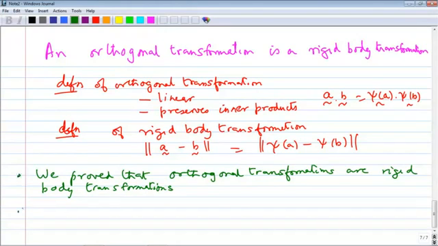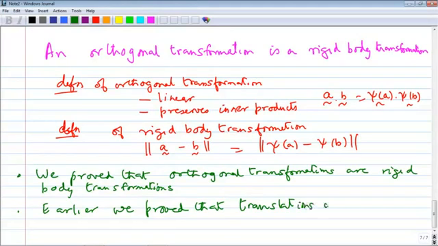Okay, and recall that earlier we proved that translations are rigid body transformations. So thus we have two examples of these.